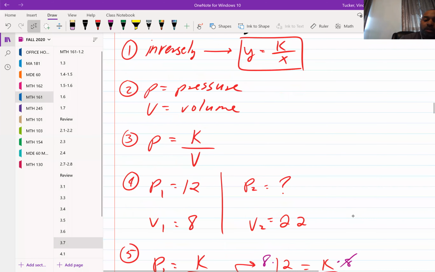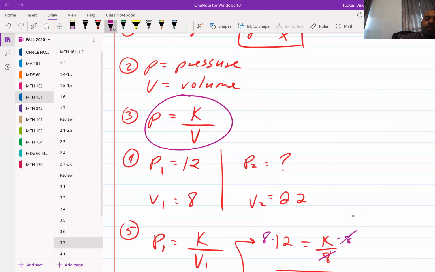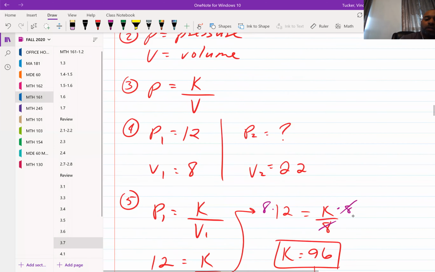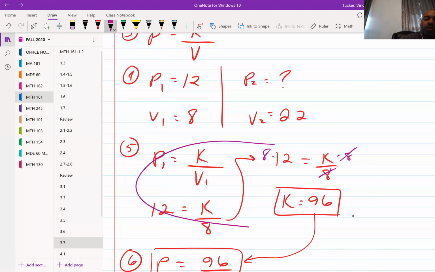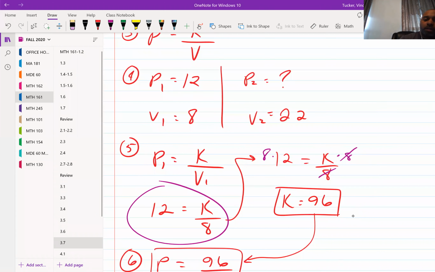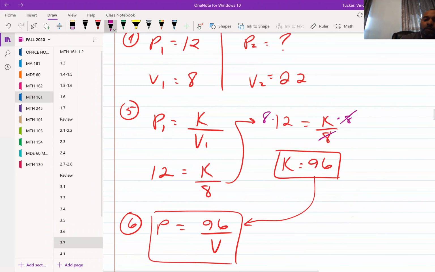All right. So take our formula, plug in the first P and V to figure out what K is. That's what we're doing right here in the fifth step. So 12 is P, V is 8. Multiply both sides by 8. That gives me K, that's 96. That's what is reflected in step 6.